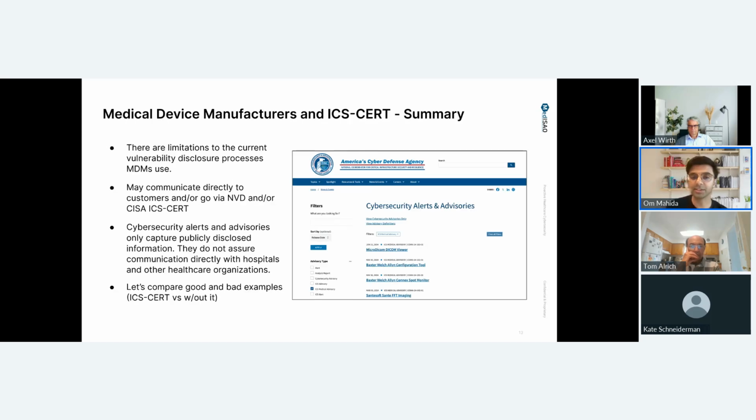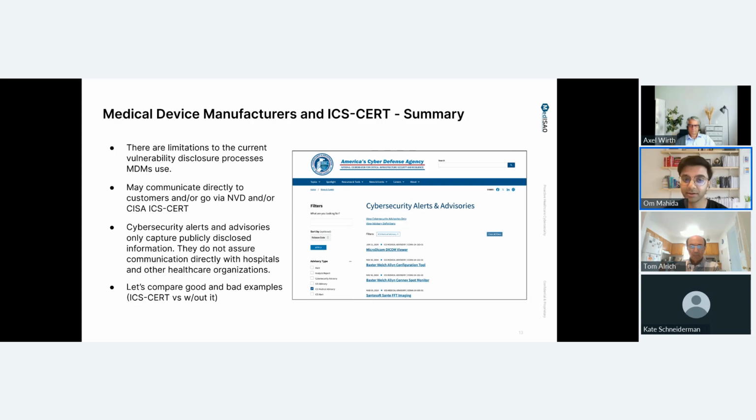So, going back to how device manufacturers currently seem to be publicly talking about vulnerability disclosure and where it's being reported: CISA maintains something called ICS-CERT, where you can look up security advisories for medical devices under the medical device category. And you can see over the past few years the device manufacturers who've reported security advisories.